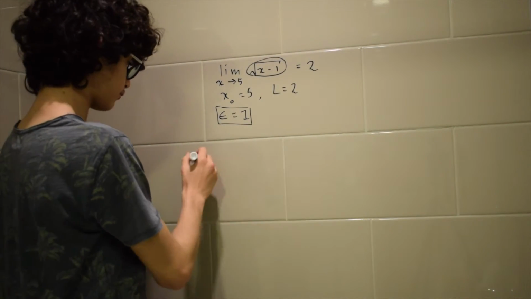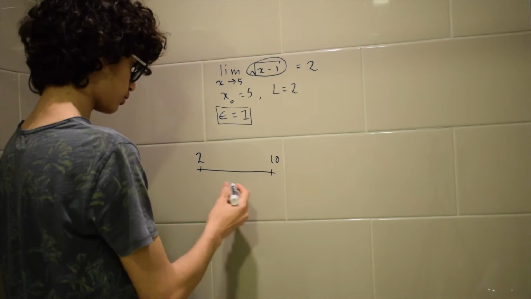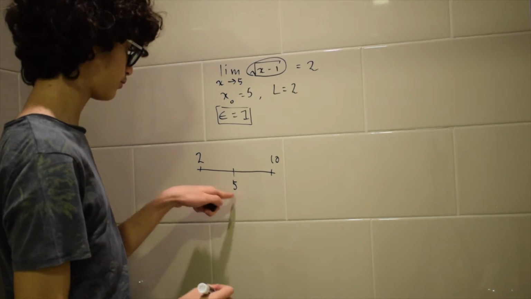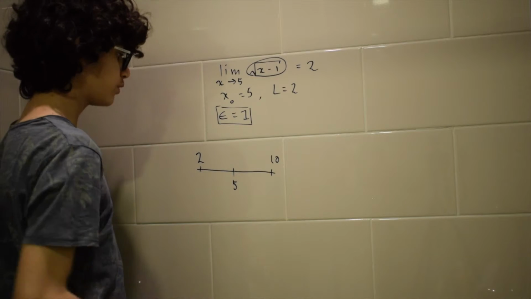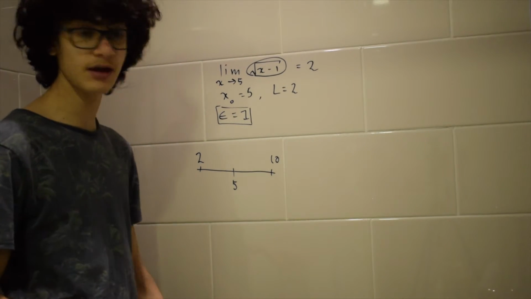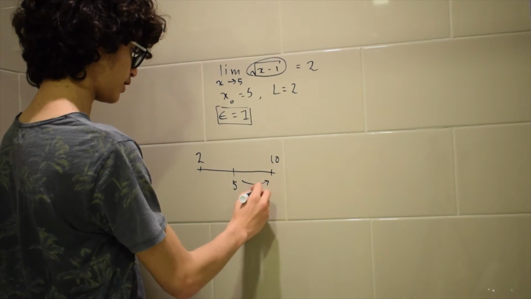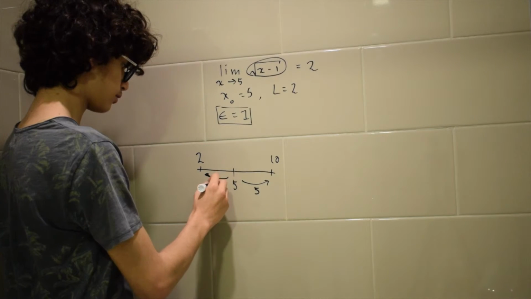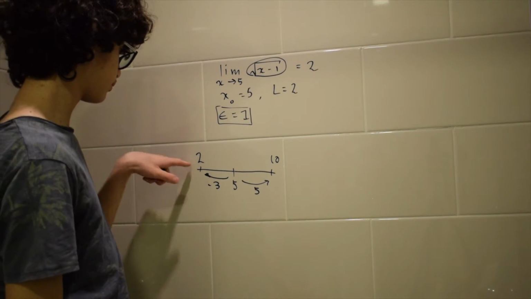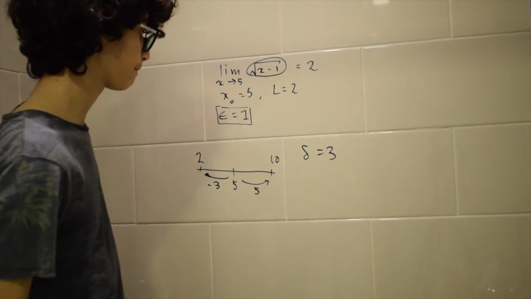We have an open interval all the way to 10, and then we have our x sub 0 equal to 5 right here. So we need to find the distance to the nearer endpoint and take that as our delta. Since there is no symmetry, the distance to this is 5, the distance to this is 3, or negative 3. So the nearer endpoint is 2, and that has a delta equal to 3.